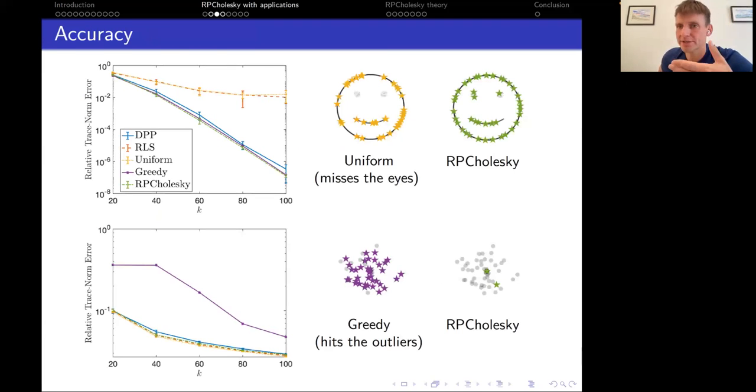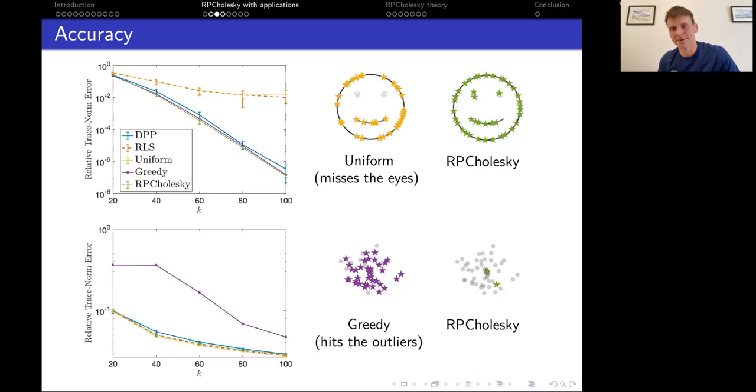This example, we cooked it up to show why you don't want to do greedy and you don't want to do uniform. Greedy does probably the most terrible thing that you could do to the universe. It forgets about 99.5% of the data that's right at the core. It flocks to the outliers. And as a result, the trace norm error when approximating the kernel matrix is quite high.